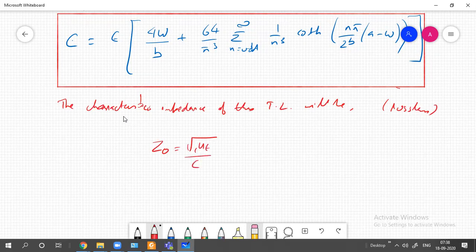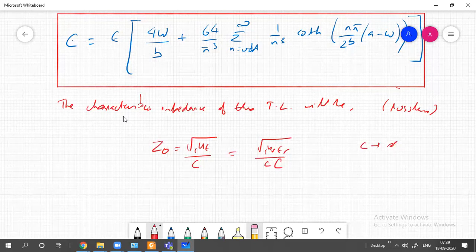This is discussed in the BTech class. Substitute mu epsilon in terms of C: we will have mu r epsilon r into small c, where small c is the speed of light, and the capacitance per unit length. So if we substitute it, we are going to have Z0 equals 120 pi, because this value is 120 pi.